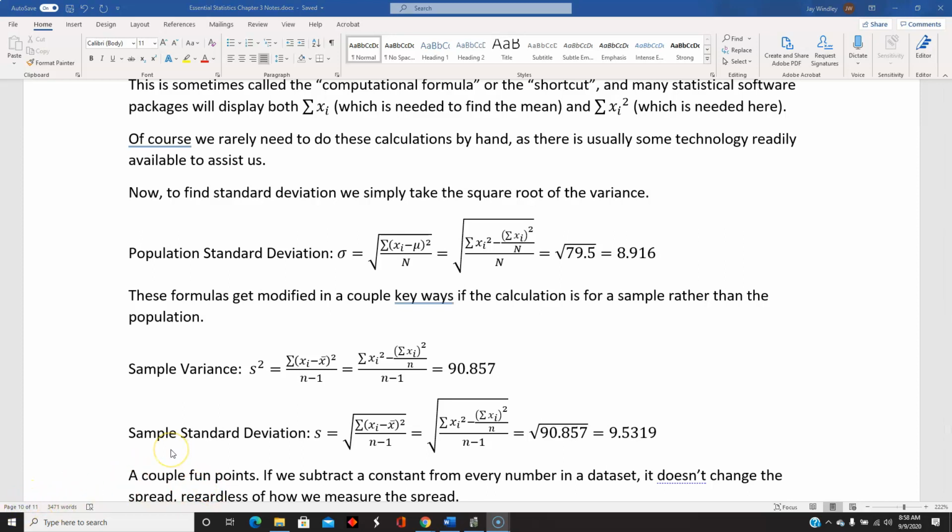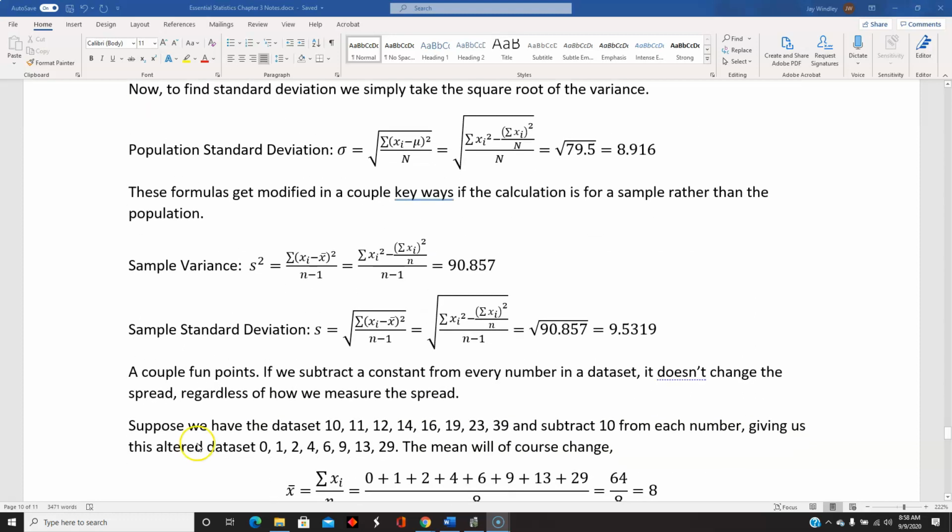There's a lot of other interesting things we could talk about with regard to this calculation for variance and standard deviation, but the main one I wanted to talk about is this. If you subtract a constant from every number in the data set, it does not change the spread. So for example, here's this data set that we've been working with. Suppose we subtract 10 from each number, which results in this.